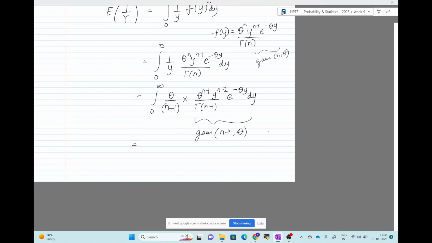So this doesn't have any y term, so the integral of this part will become 1. So what you have is theta upon n minus 1.